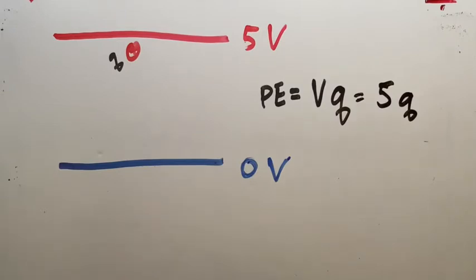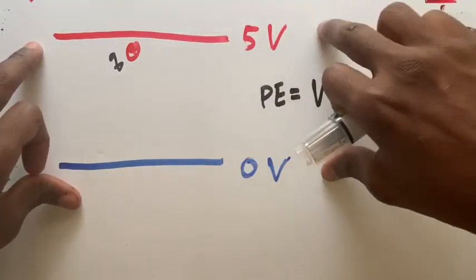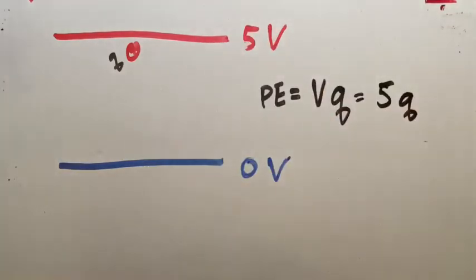All right, so now let's talk a little bit more about this voltage or electric potential, which we also call voltage. So a voltage source would be, what's the source of an electric potential?